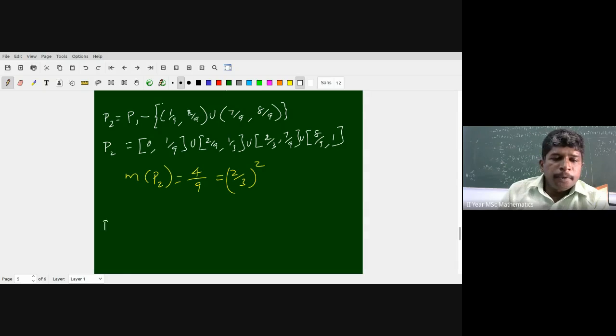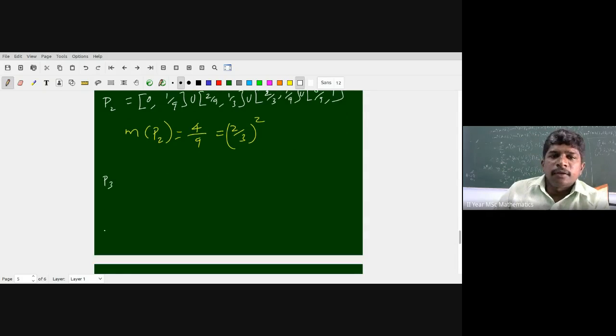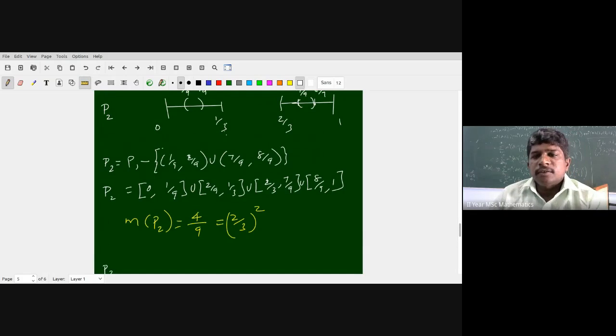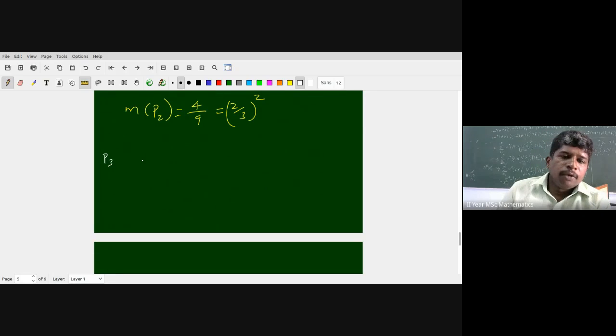Then P3 is obtained in a similar way. Here P2 has 4 pieces of intervals of length 1/9. From each interval you remove the middle third. So from [0, 1], we have this one fully removed.